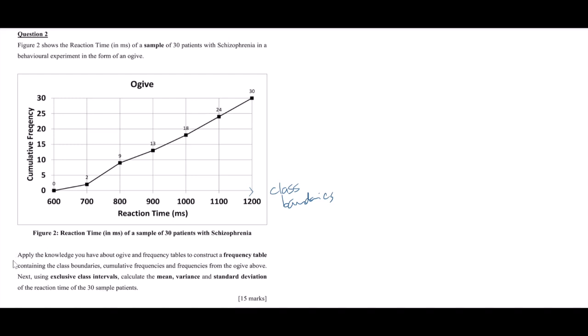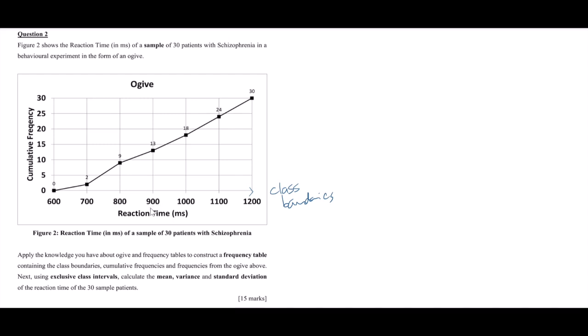Okay, so the question says apply the knowledge you have about ogive and frequency tables to construct a frequency table containing the class boundaries, cumulative frequencies, and frequencies from the ogive.